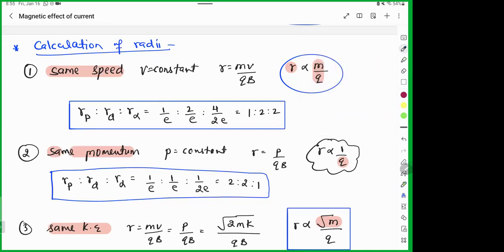Example, if you have same speed, it means your velocity is constant. If velocity is constant, according to this formula, R is equal to mv by qB. V is constant. It means radius depend upon the mass and charge. Correct? Radius directly depend upon the mass and charge. If you have same momentum, P is constant, then R is equal to P by qB. P is constant.